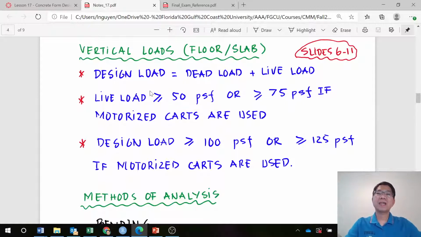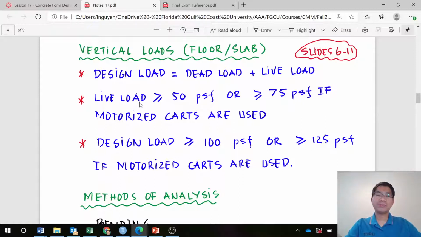And how to determine the live load? If there is no motorized equipment or machine working on the formwork, then the live load is at least 50 pounds per square foot. If motorized carts are involved working on that formwork, then it is at least 75 pounds per square foot.